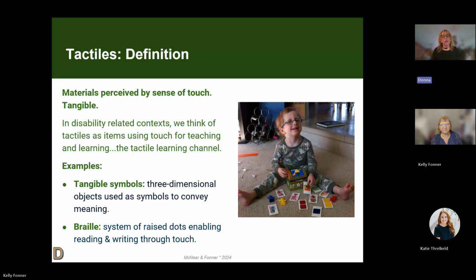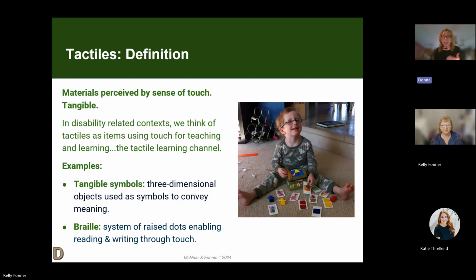So in disability related contexts, we think of tactiles as items using touch for teaching and learning. And in the area of visual impairments, we call it the tactile learning channel. I think that's just a great term and a great reference to think about using tactile materials. It's that tactile learning channel.